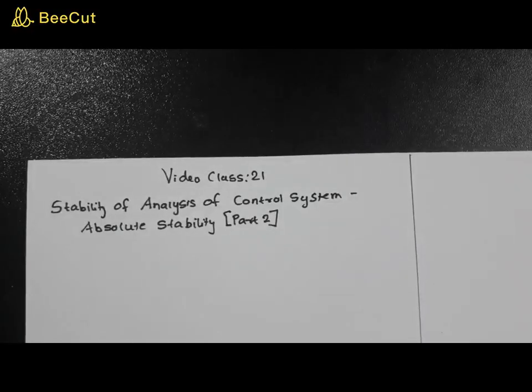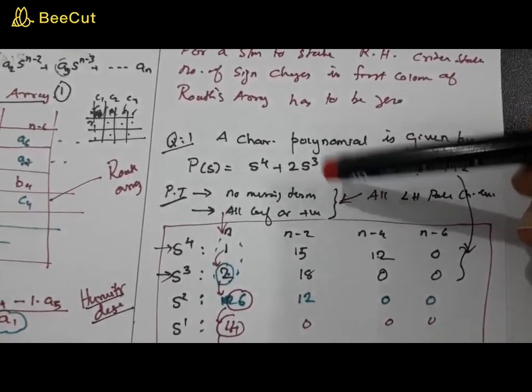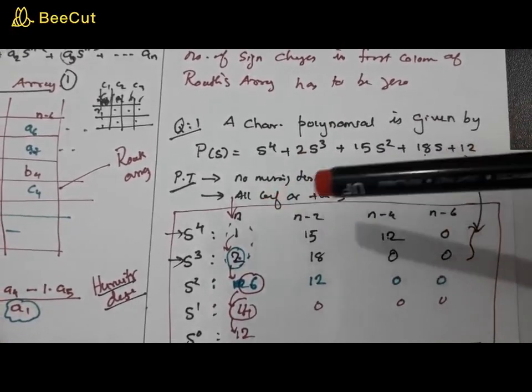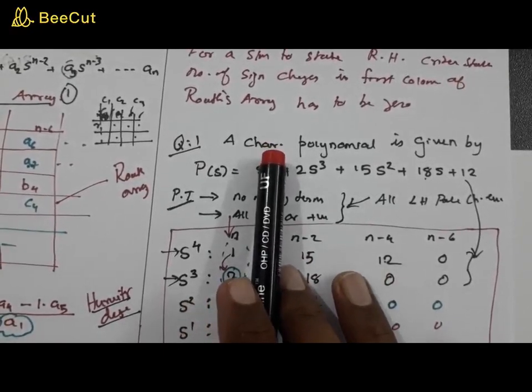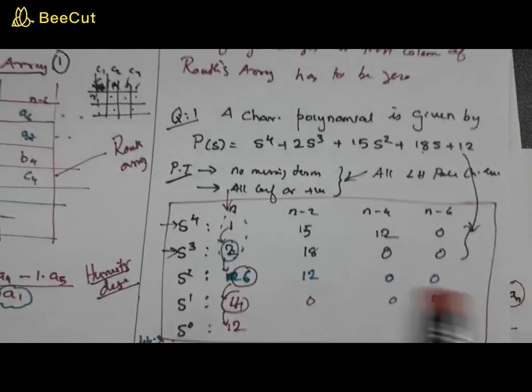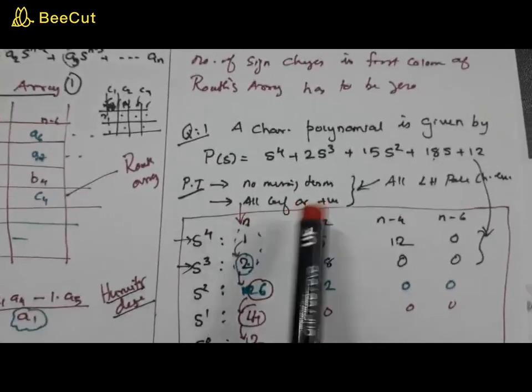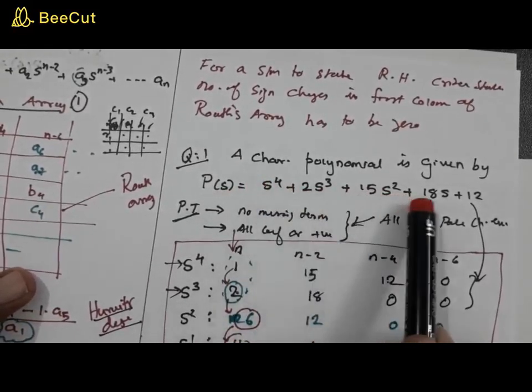And in this video we actually did two examples. The first example was a normal example where I told you that there is a first step for this, the preliminary test. In the preliminary test you need to look at the P of S, or the characteristic polynomial.